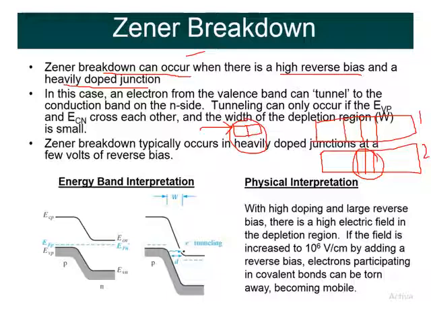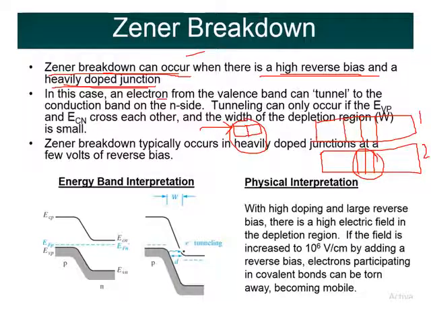Okay, so now returning back here. The Zener breakdown can occur when there is a high reverse bias voltage and the junction is heavily doped. That is the first condition. In this case, what will happen actually?